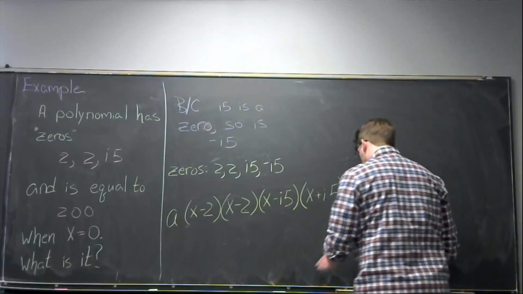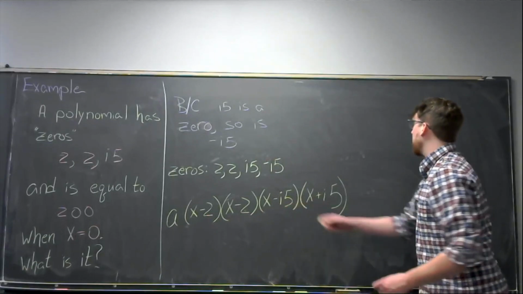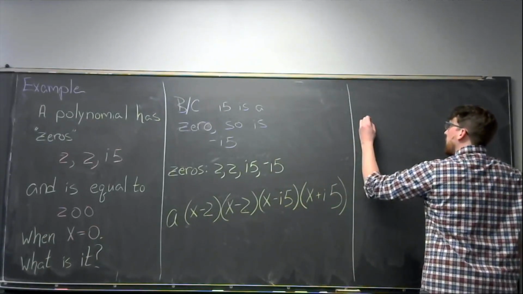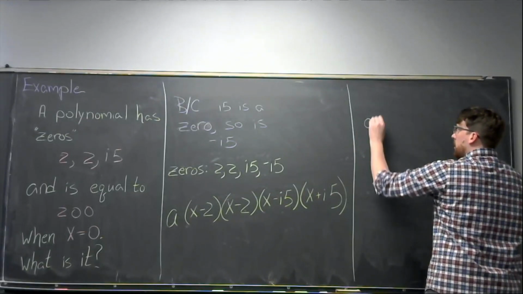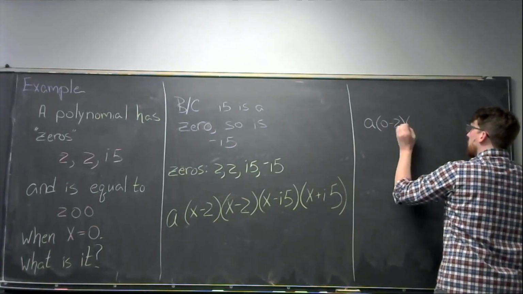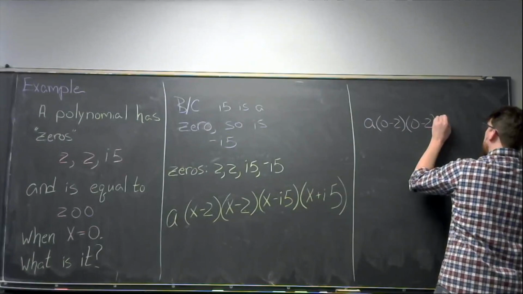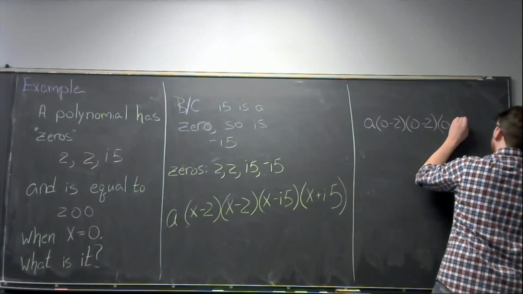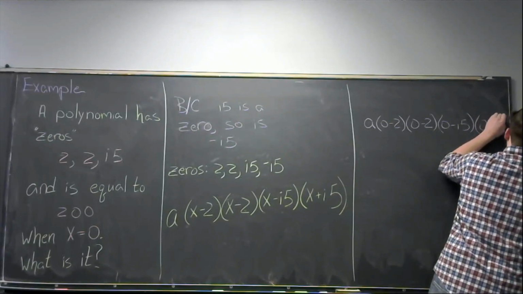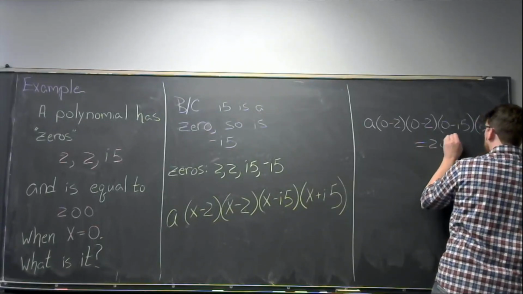Now, what this means then, so we're just going to put 0 in for each of these. We're going to find that a times 0 minus 2 times 0 minus 2 times 0 minus imaginary 5 times 0 plus imaginary 5 is all equal to 200.